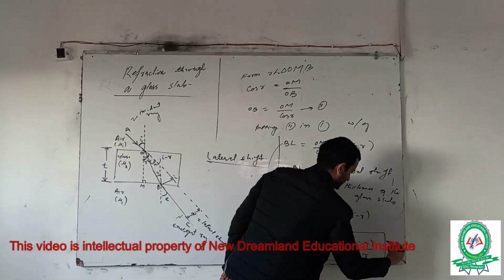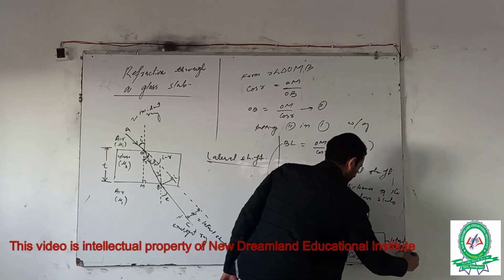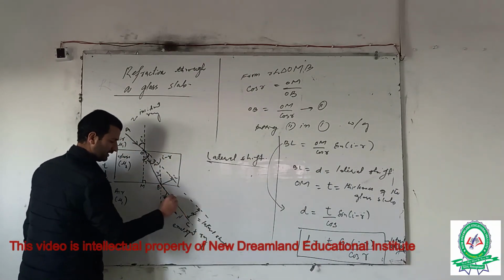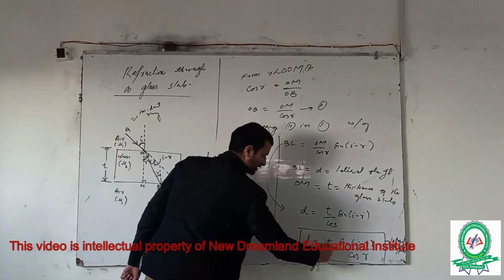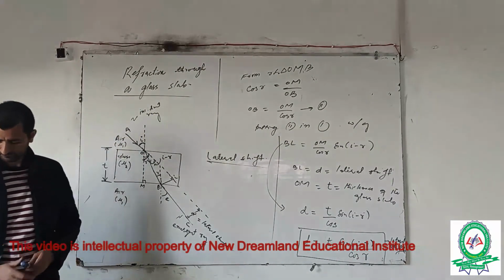So this is the lateral shift, the perpendicular distance between the direction of the incident ray and the emergent ray. It is T sine of I minus R divided by cos R.